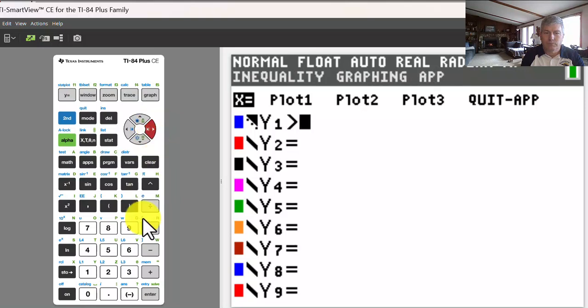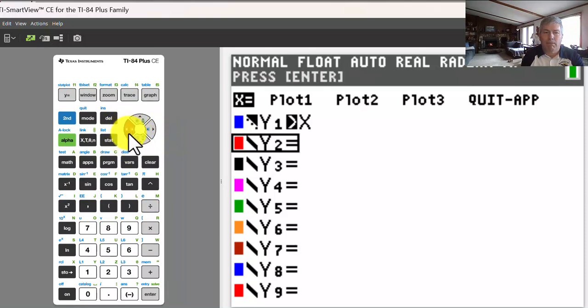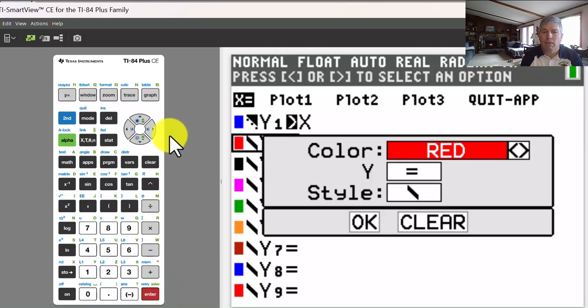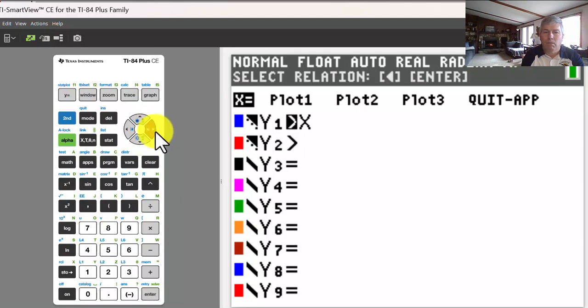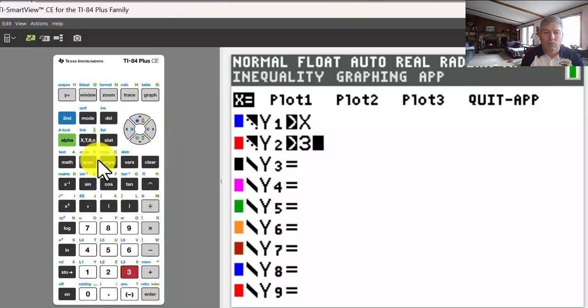So here we have y is greater than x. And now we're also going to graph y is greater than 3x plus 18.